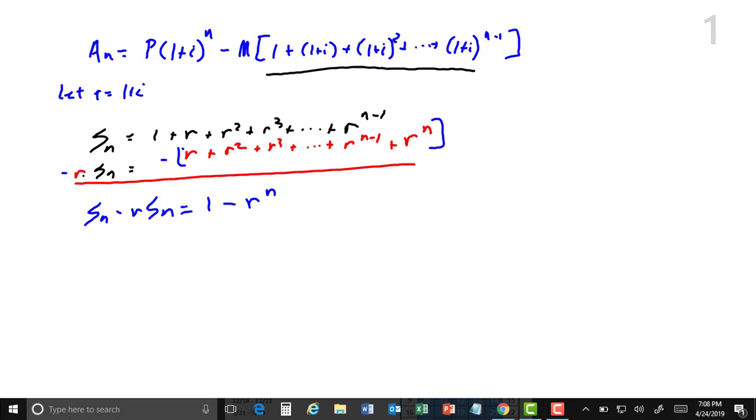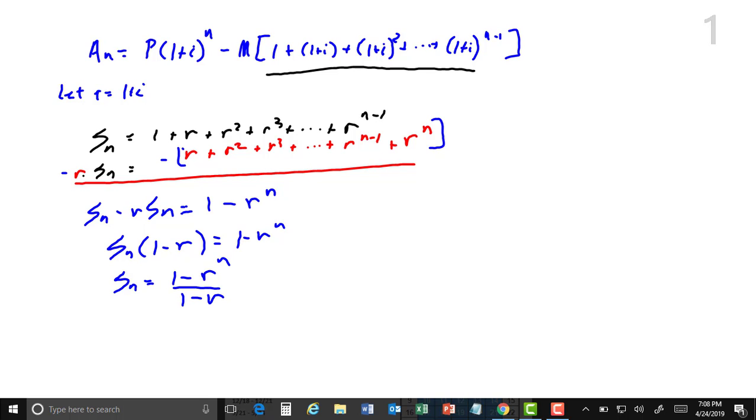So now here I can actually factor out the sum, leaving me 1 minus r, you see? And that's equal to 1 minus r to the n. So what I can do there is just solve for the summation of the geometric series. I can rewrite it in short as 1 minus r to the n over 1 minus r.